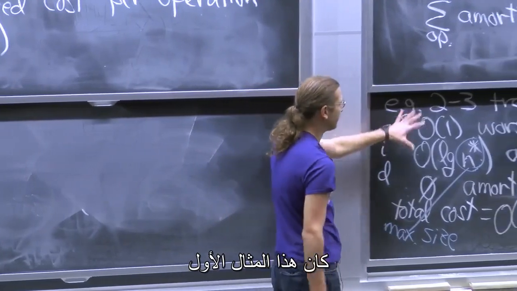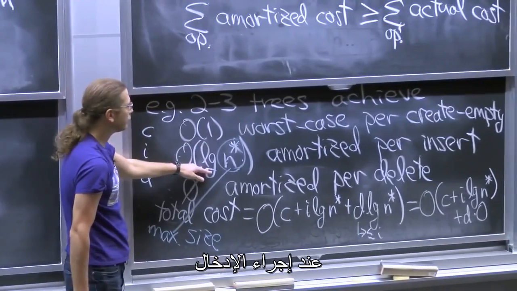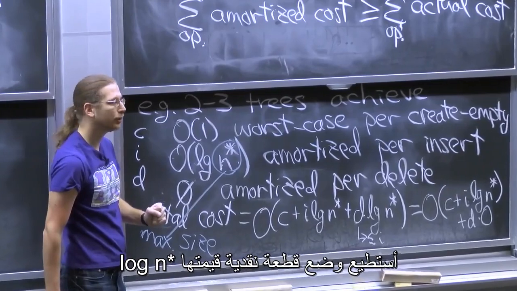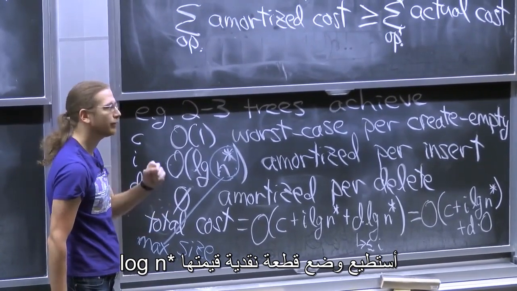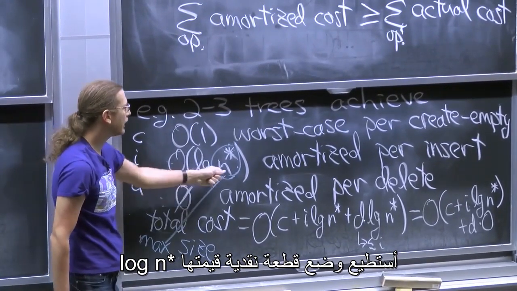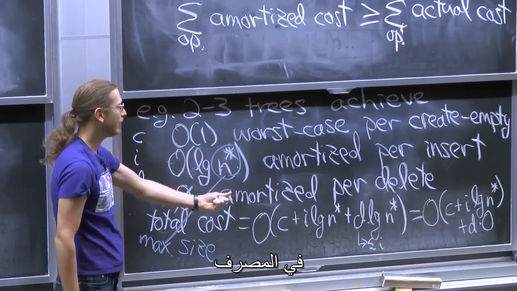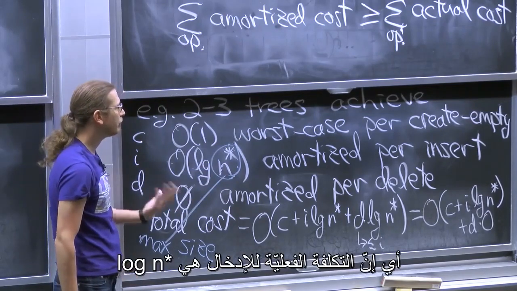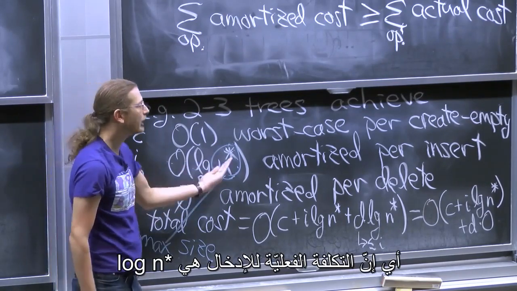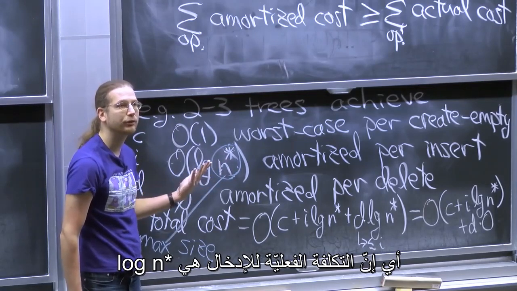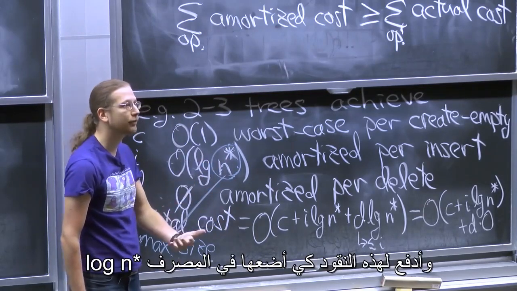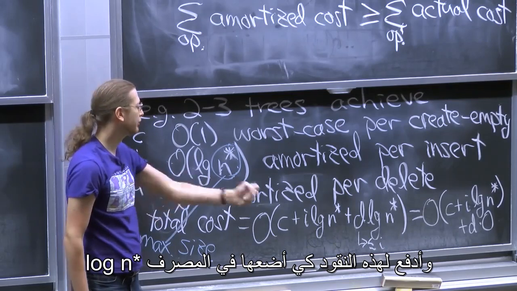Well, maybe this is a first example. So when I do an insertion, I can put, let's say, one coin of value log n star into the bank. And so the total cost of that insertion, I pay log n star real cost in order to do the insertion. Then I also pay log n star for those coins to put them in the bank.